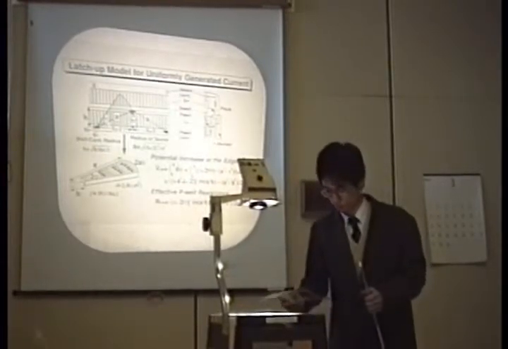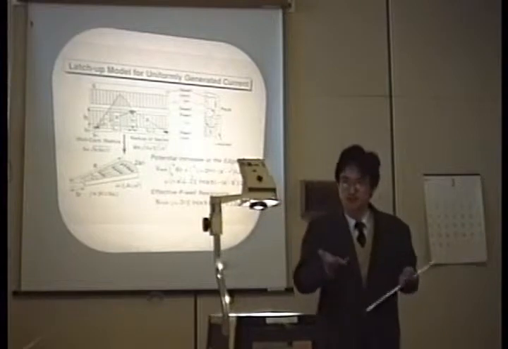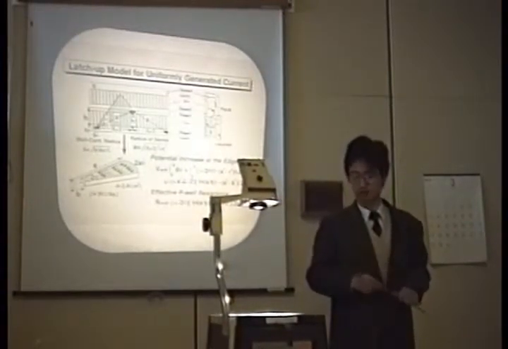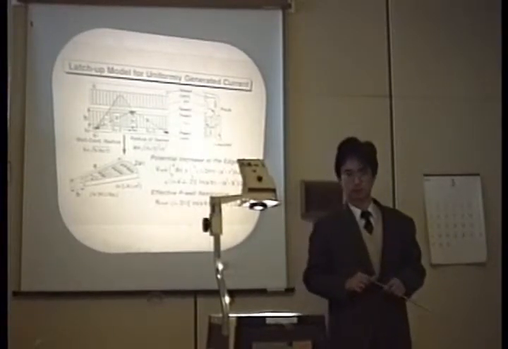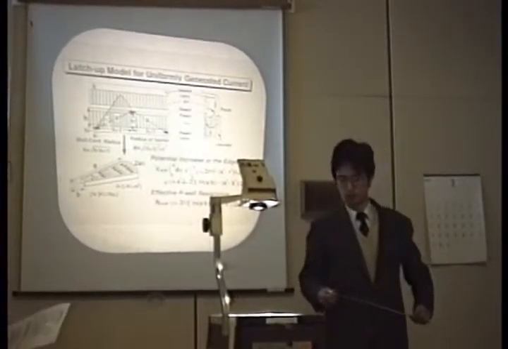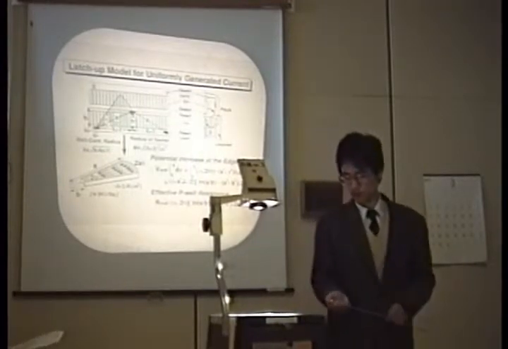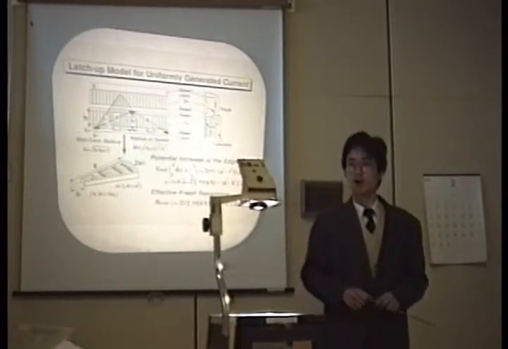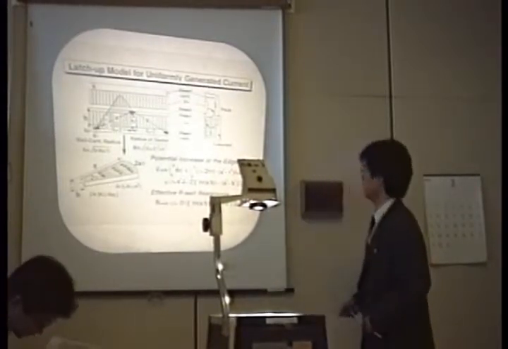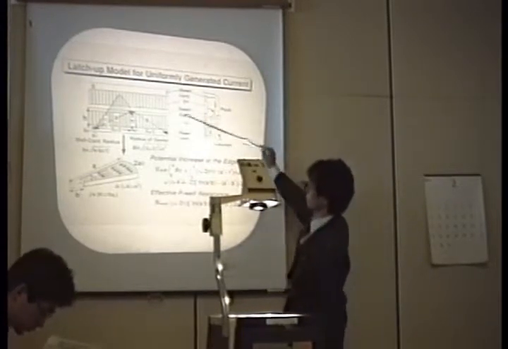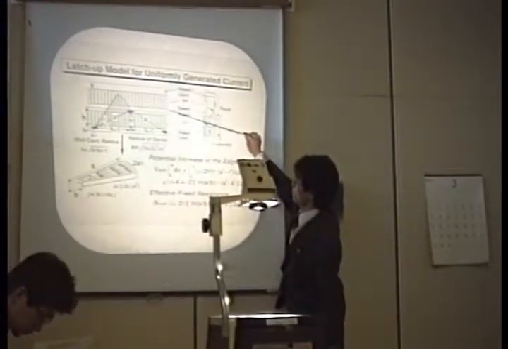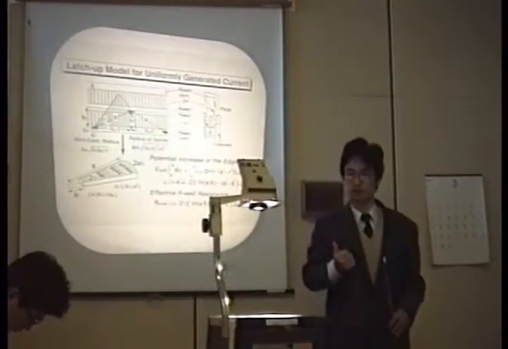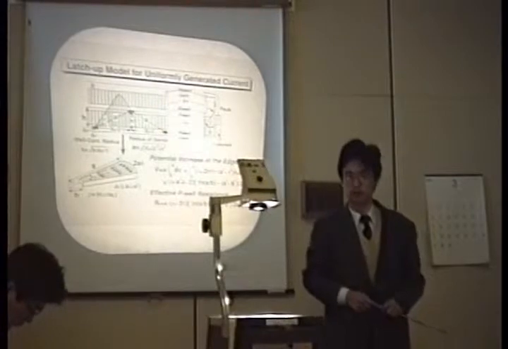What does it mean? Sorry, I don't understand. You mean the spacing between N plus and P plus affects the beta N? Yes, so it's included. Effectively, yes, included. But the P plus and N well spacing is not included.